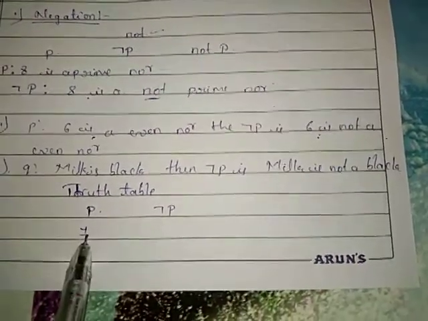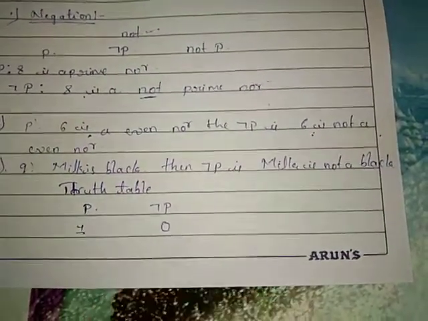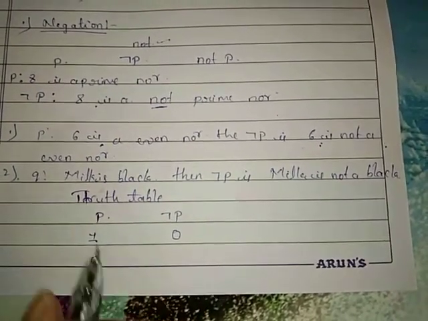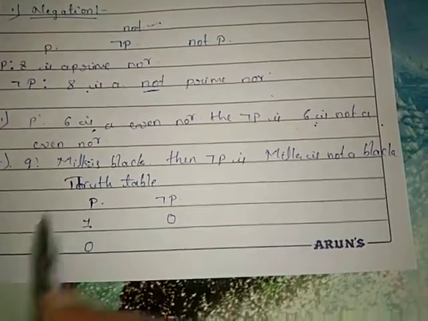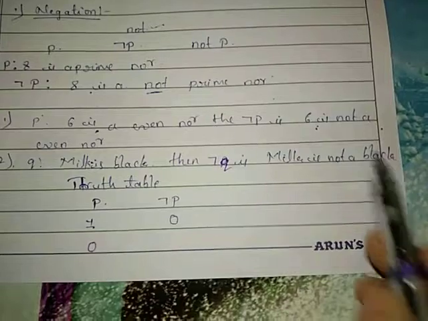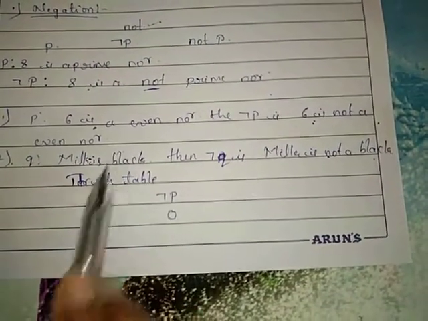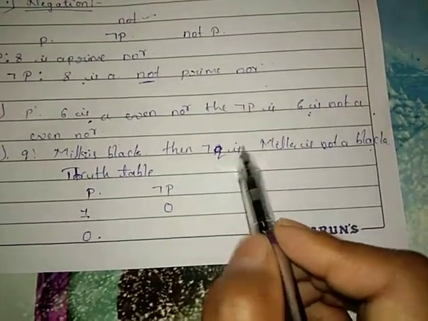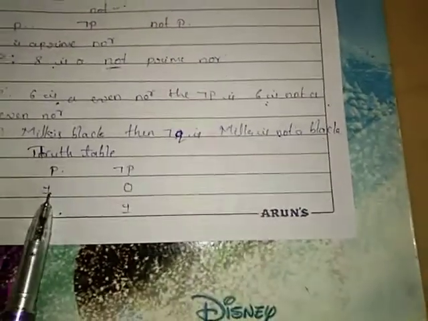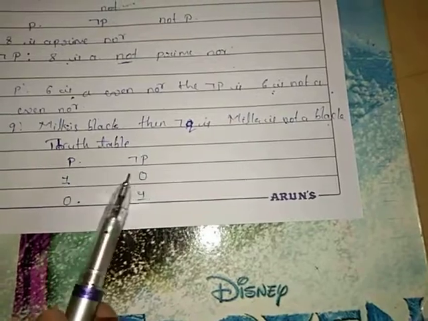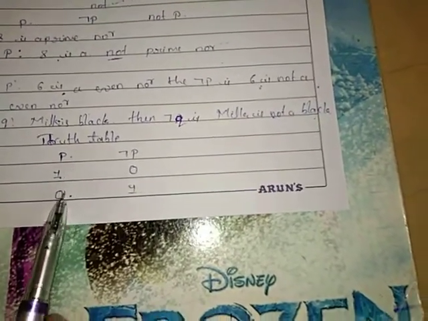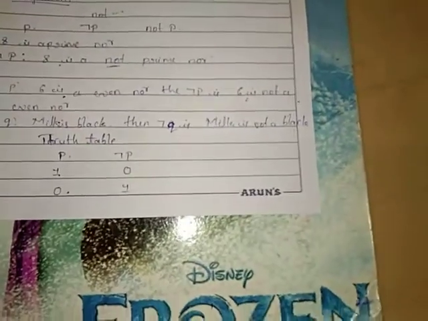This means if P is true, then the negation of P is false. Suppose milk is black is false. Then the negation of Q, milk is not black, is true. That means if the statement is true, then its negation is false. If the statement is false, then its negation is true.